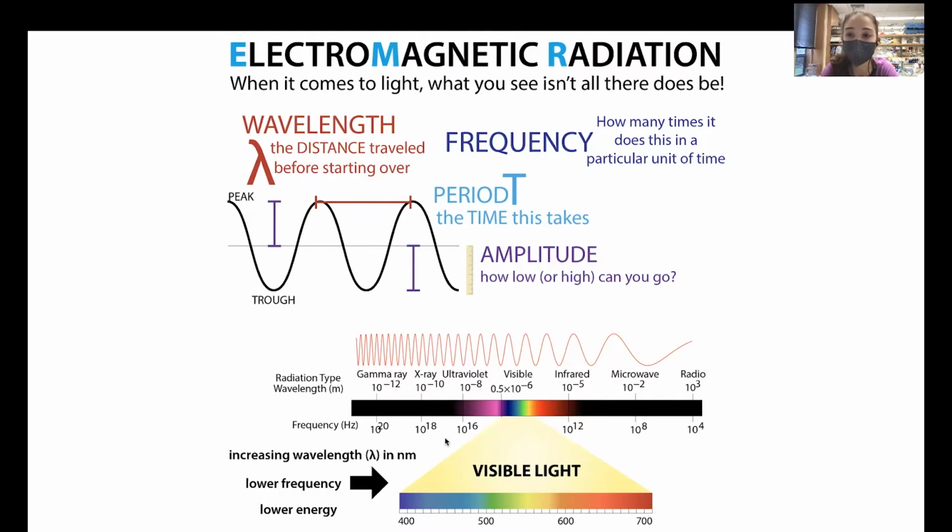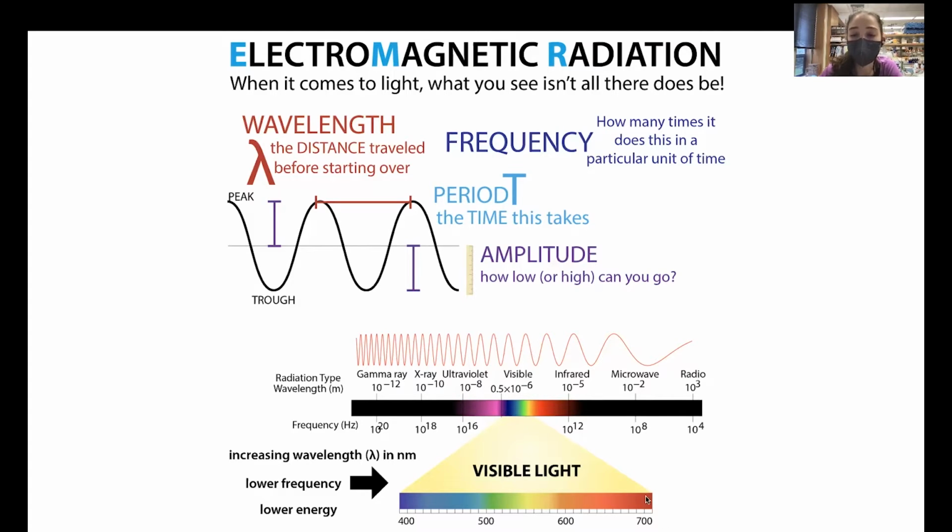So it's going to be more towards this side. You can see that the visible light, like violet light, is the most energetic. So it has the highest energy. Those photons have the highest energy. The wavelengths are the shortest, and the frequency is the highest. So they're going up and down more times per second.